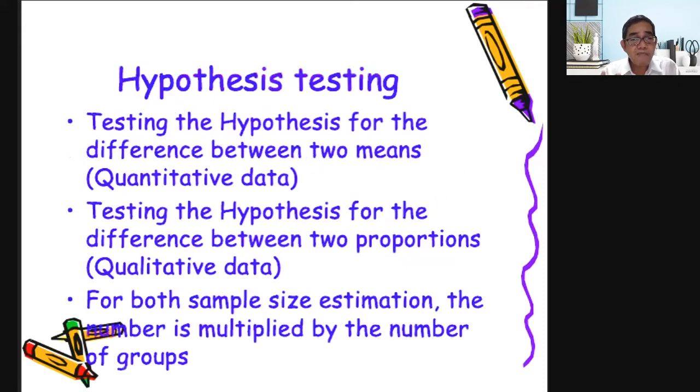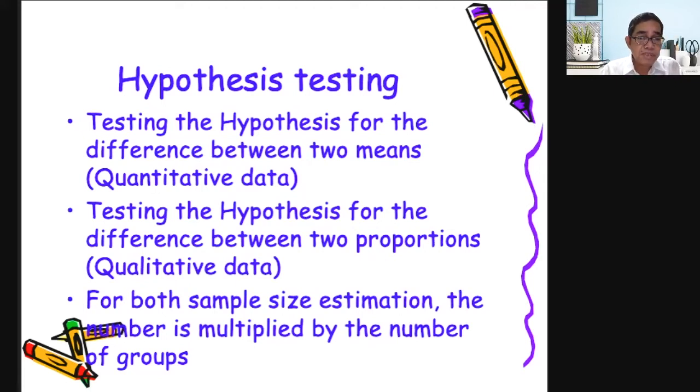And we can also have problems of hypothesis testing, where we test the hypothesis for the difference between two means, again quantitative data, and we test the hypothesis for the difference between two proportions, qualitative data.